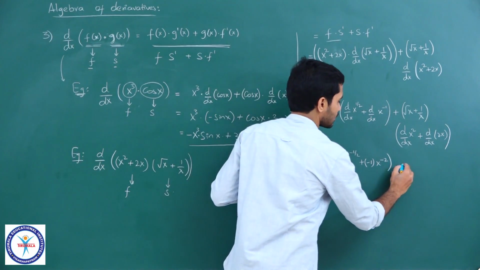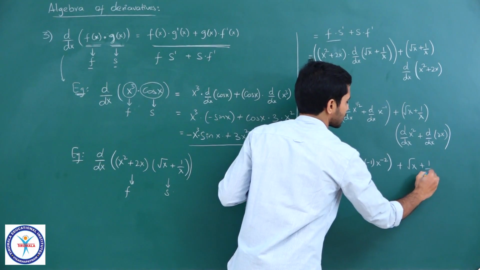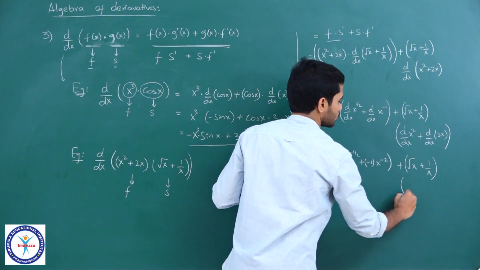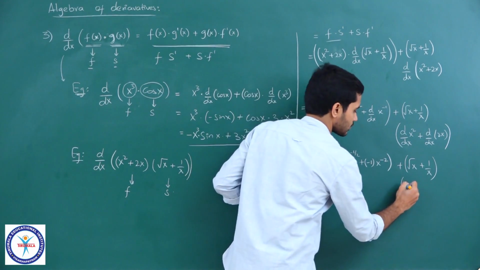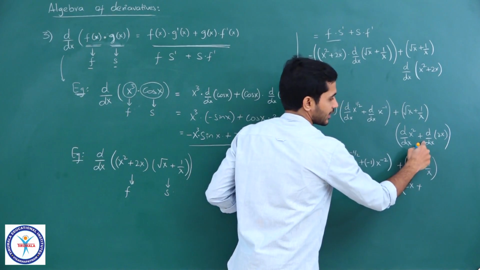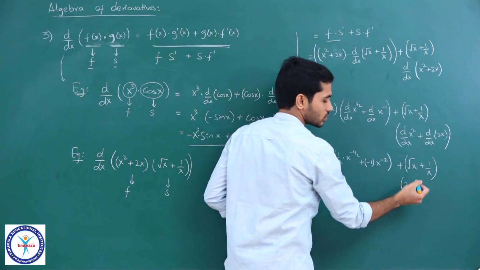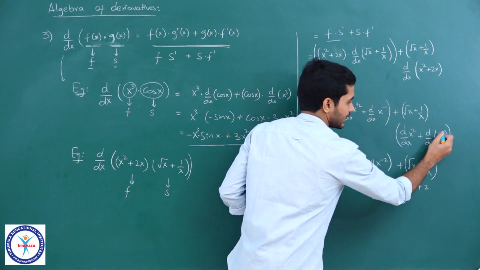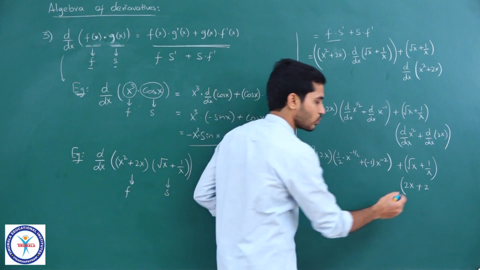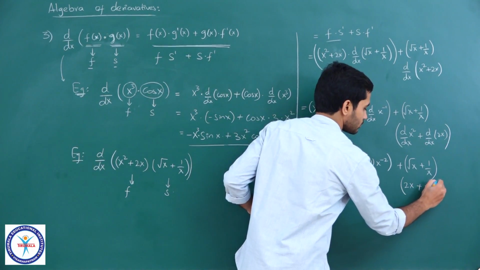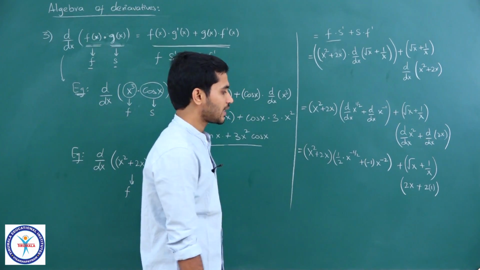Now, plus, I will write this as it is, root x plus 1 by x into here, derivative of x square is 2x plus derivative of 2x, you know, the constant can be brought out, right. So, 2 times d by dx of x, which is nothing but 1. So, 2 into 1. So, derivative of 2x is nothing but 2, correct. So, that is the idea.